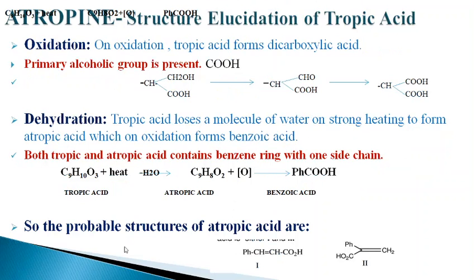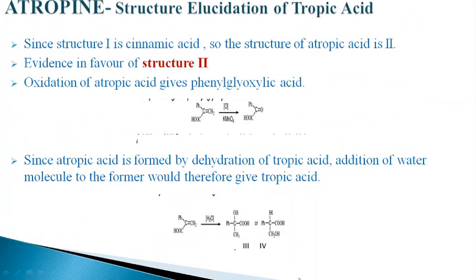As we all know, structure 1 is a well-known compound, which is cinnamic acid. So the possibility of atropic acid is structure 2. Since structure 1 is cinnamic acid, the structure of atropic acid is the second. Evidence is in favor of structure 2.